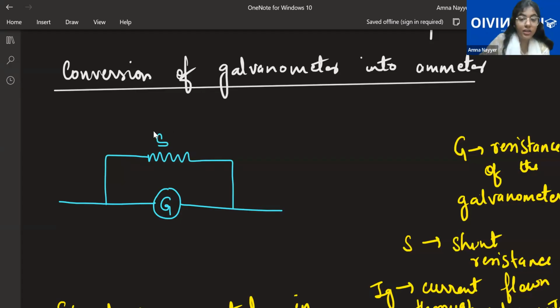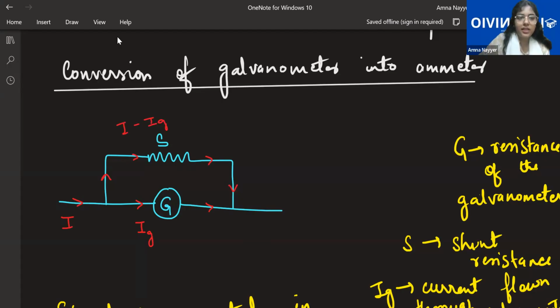The conditions for this shunt are that it should be connected in parallel and its value should be less. When the current I comes, some amount of current, Ig, will go through the galvanometer. How much will go through the shunt? I minus Ig is passing through here.